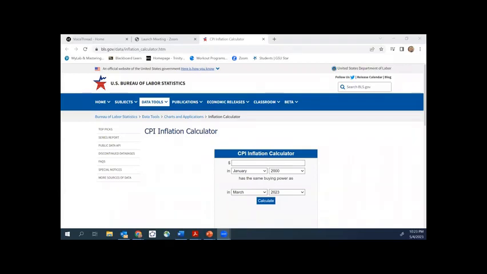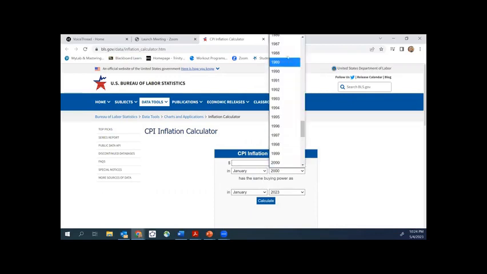So here is the CPI inflation calculator that is in the PowerPoint. The first question says, if you have $100 in 1980, it has the same buying power as how much in 2009? The way we're going to do this is, first you want to make sure that the months are set to be the same, because we want to compare month to month, year to year. So I have $100 in 1980.